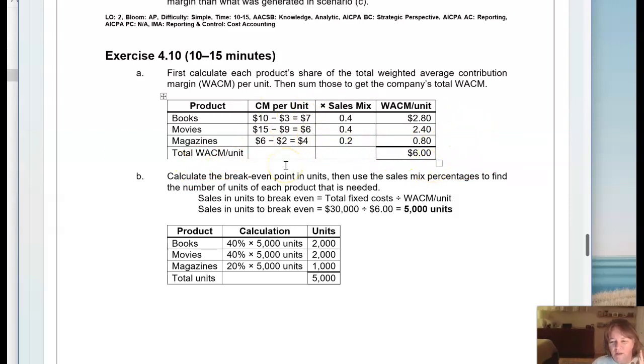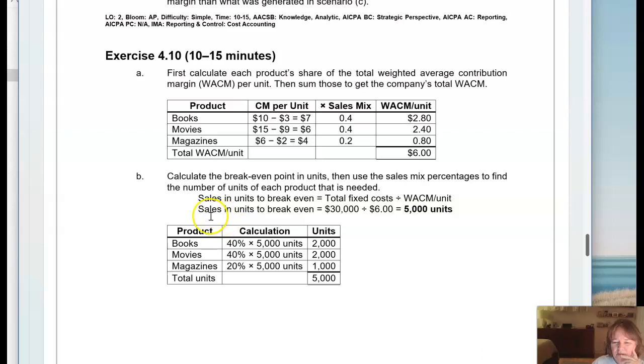If you say this is 1 unit, for example, it would be 40% of a book, 40% of a movie, and 20% of a magazine. This would sum to 100%. So now calculate the break-even point in units, then use the sales mix percentages to find the number of units of each product that's needed. Break-even in units would be your total fixed cost, the $30,000, divided by this weighted average contribution margin.